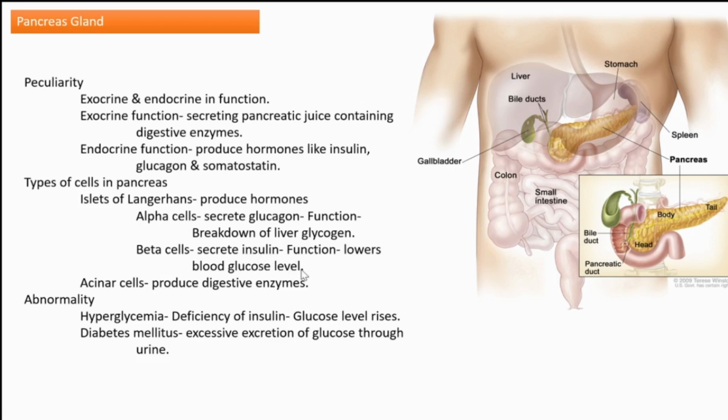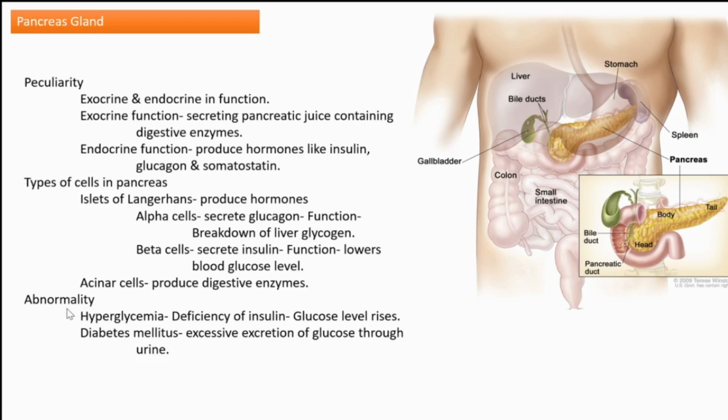Whenever the body finds that the body fluid has a high amount of glucose, insulin will be secreted from the pancreas. Then that insulin reduces the level of sugar in body fluids. That occurs through a separate mechanism: insulin transports the excess glucose to the liver and converts it to glycogen and stores it inside the liver.